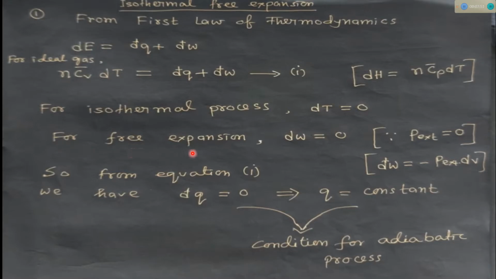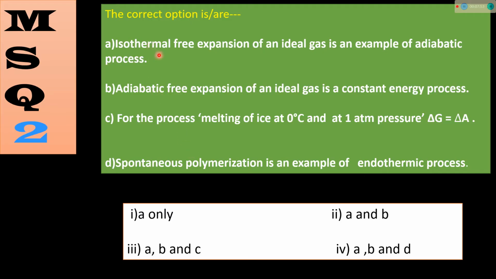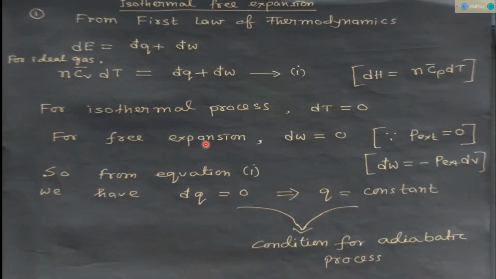Again, the question says isothermal free expansion, so free expansion means the gas expands freely. There is no external pressure, meaning P external equal to 0. From these equations, dW equal to minus P external dV. Since P external is 0 for free expansion, dW will be 0.